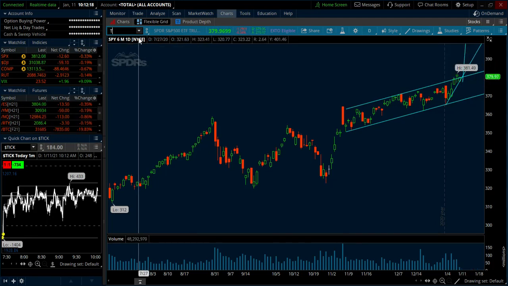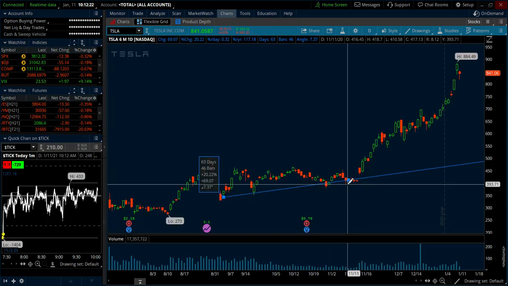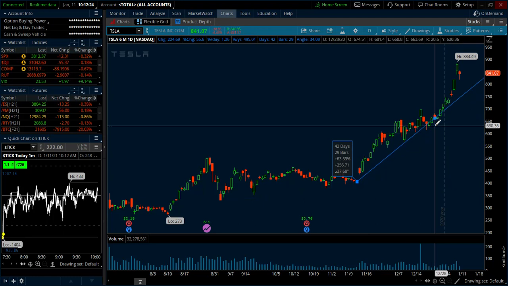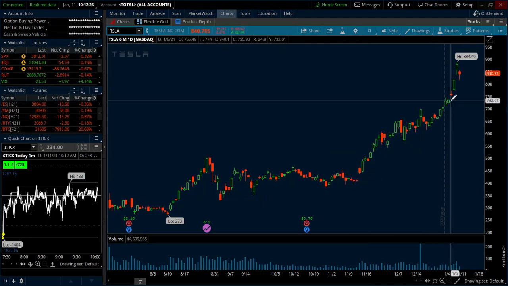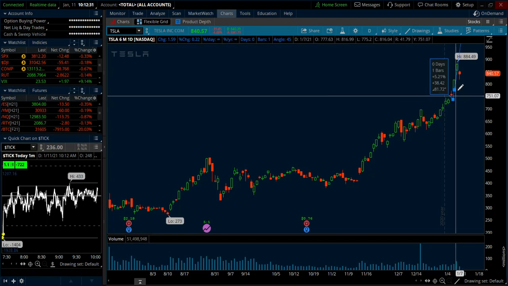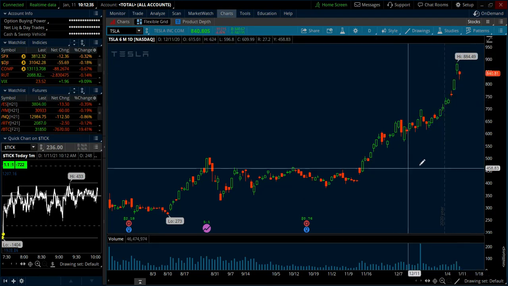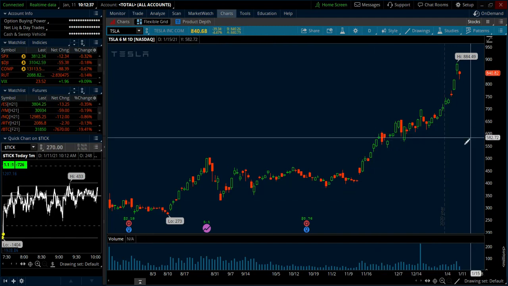If we look at Tesla, for example, it starts out pretty shallow, then gets a little bit steeper, and a little steeper, and then it pretty much goes straight up. We're seeing a lot of that across a handful of markets that have been really strong.